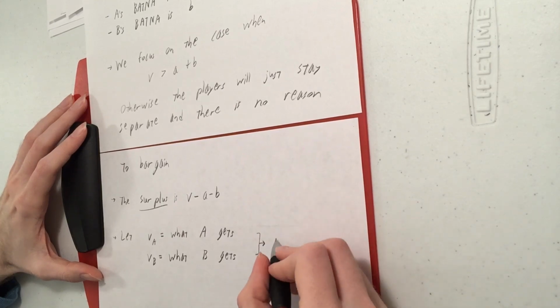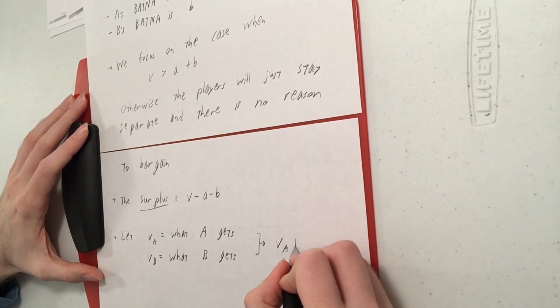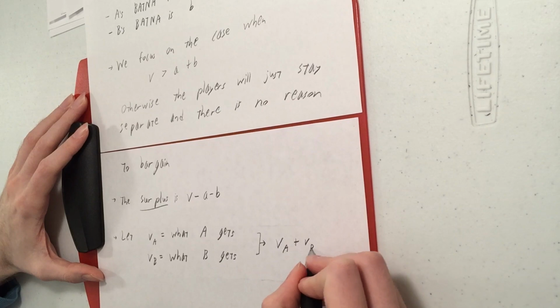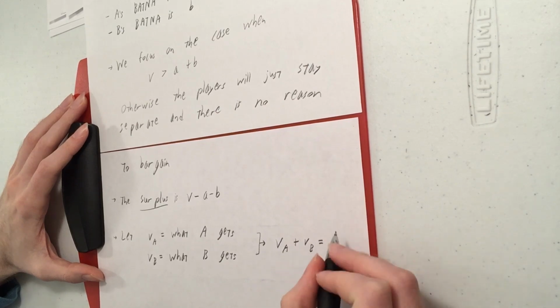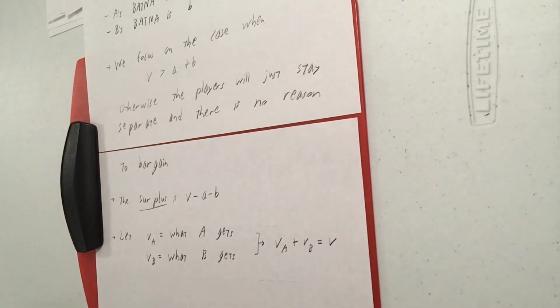So what that implies is that if there are only two people involved, then those have to sum to the total value.